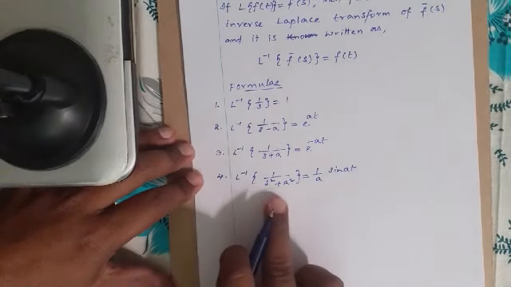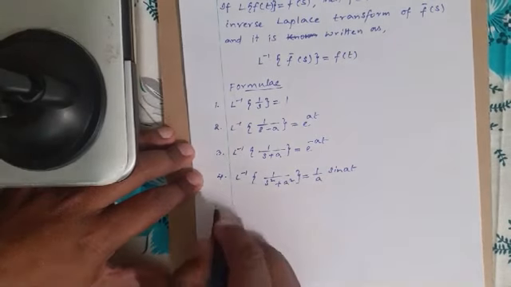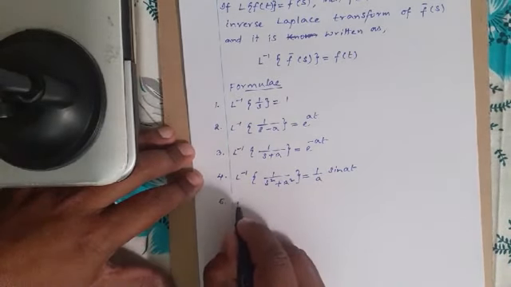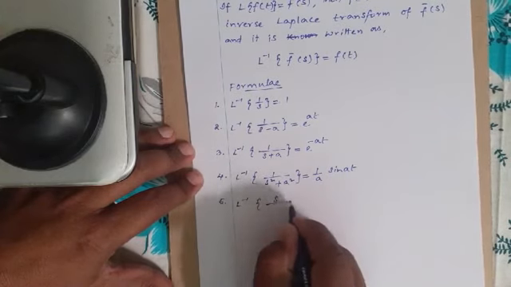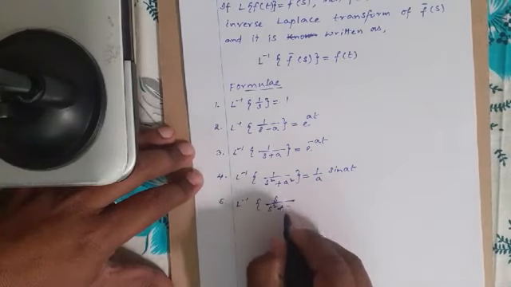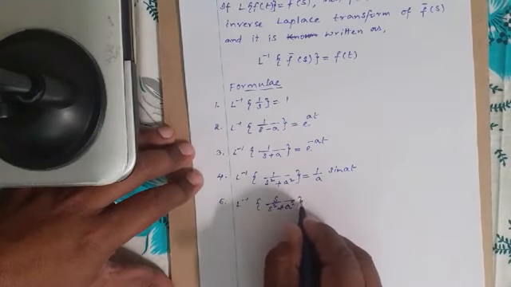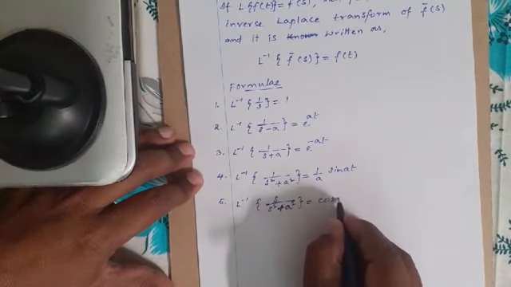Here L inverse of 1 upon s square plus a square is equal to 1 by a sine at. So this is somewhat different. Now L inverse of s upon s square plus a square is equal to cos at.